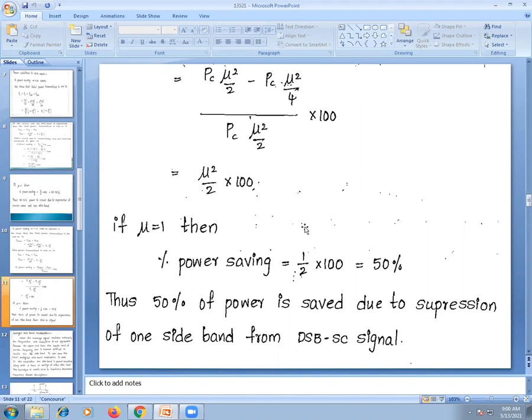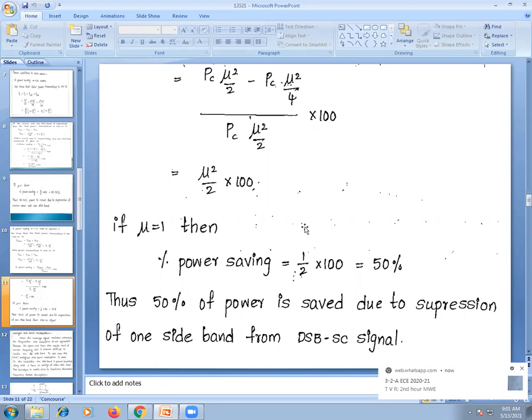M is equal to 1 is also allowable modulation, provided that you design an ideal low pass filter at the receiving end. But designing an ideal low pass filter is very complex. That's why you use the allowable modulation m less than 1 condition.